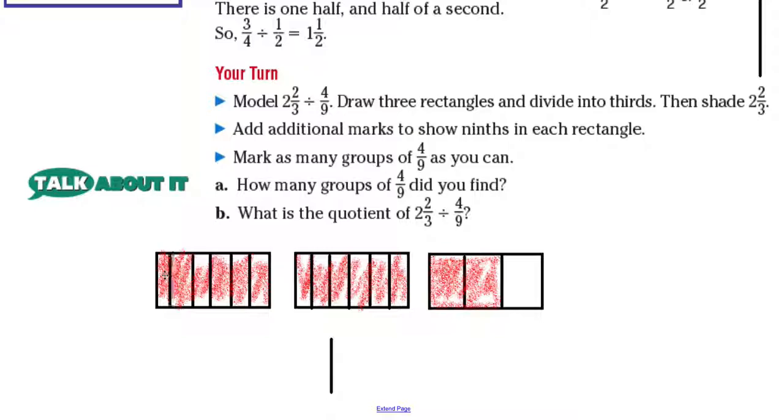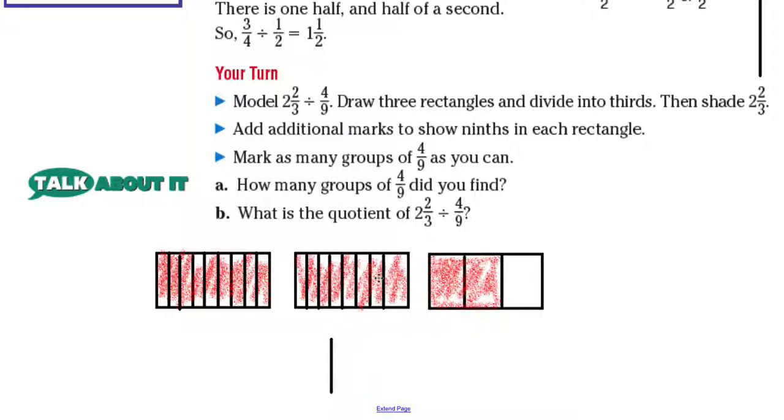No, that's not 9. We need to add one more there. There, now they're 9. Let's confirm: 1, 2, 3, 4, 5, 6, 7, 8, 9. Good. Let's do the same thing for this rectangle, dividing it into ninths.